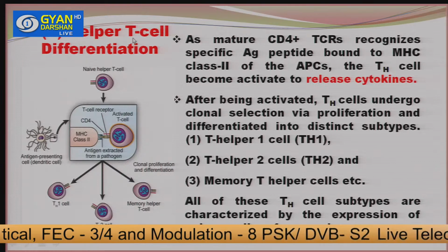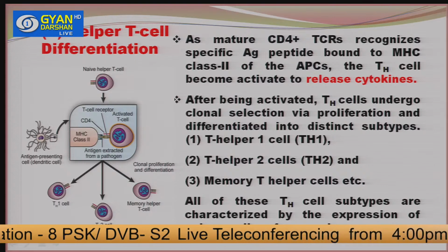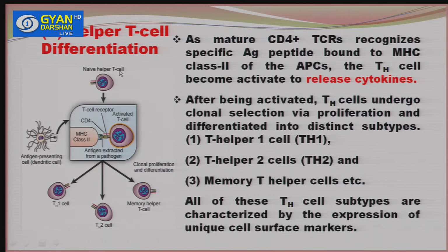Another is the helper T cell differentiation. You can understand by this figure, it is the naive helper T cells. It is the activated T cells. They are able to bind with the dendritic cells. Dendritic cells have the MHC class second molecule. Here is the antigen extracted from the pathogens.